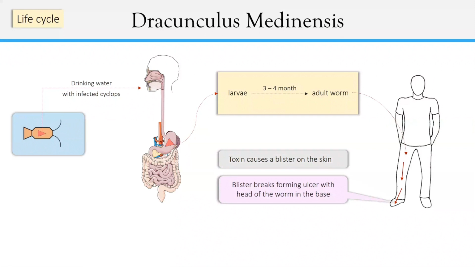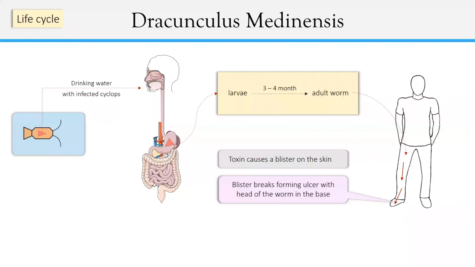Then the blister will break and form an ulcer. But this ulcer will also include the head of the worm in the base. So this will be not a simple ulcer, but an ulcer with the worm inside, though not the whole worm, just a tiny portion of it.